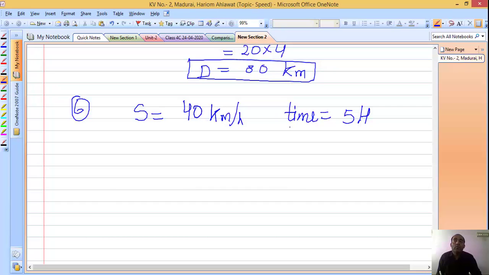Now you want to find out how much distance we have covered. You will ask your father how much distance we have covered. So this time you don't need to ask your father, you can calculate yourself.